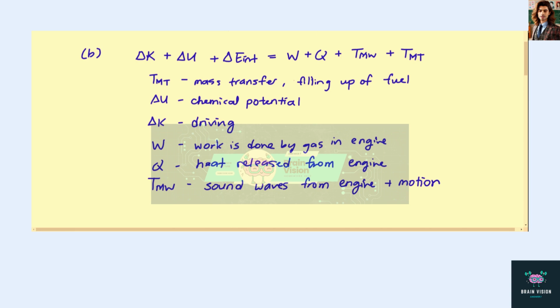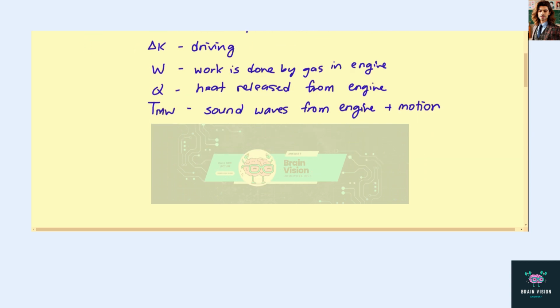In part C, the system is the body, and you are eating a peanut butter and jelly sandwich. So the equation is delta U equals Q plus TMT.